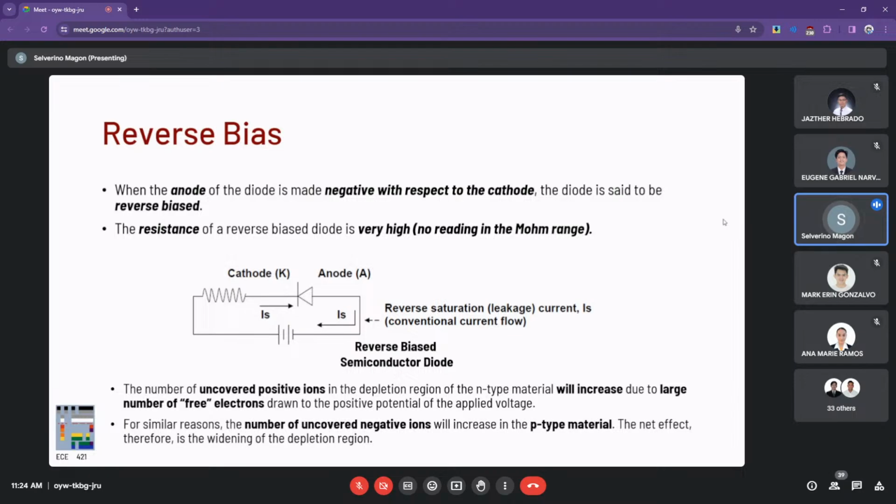So the net effect is that the depletion region widens even further, resulting in a halting, so it will not enable any further migration of ions across the junction. So you have a very small, essentially zero, current through the diode.